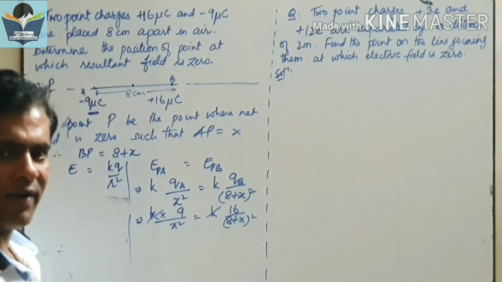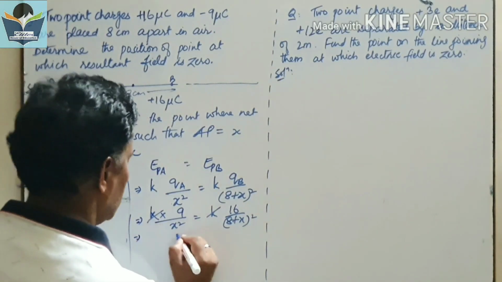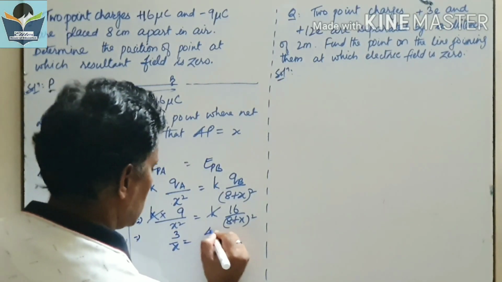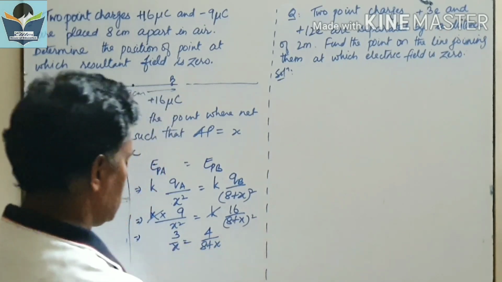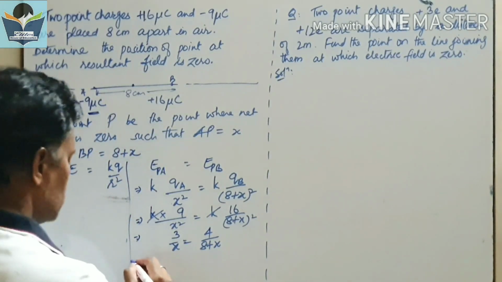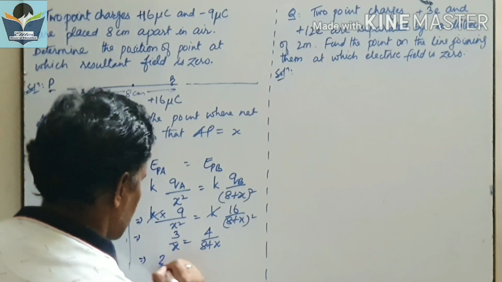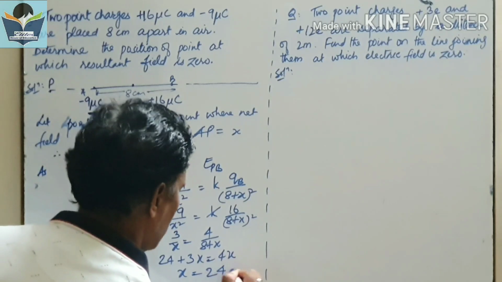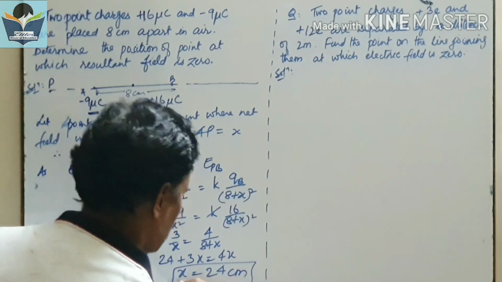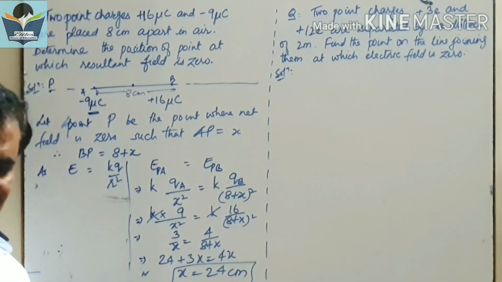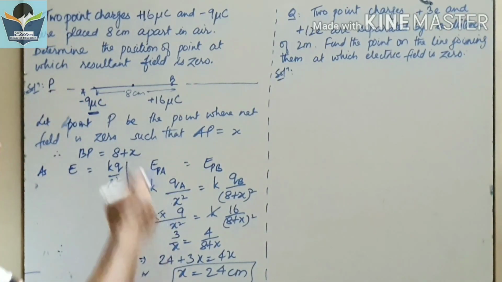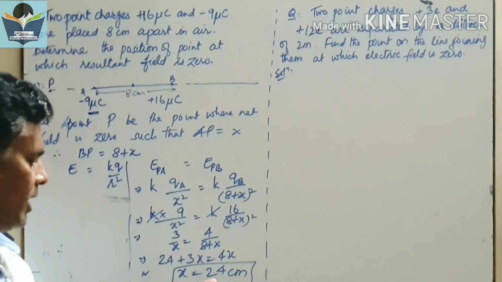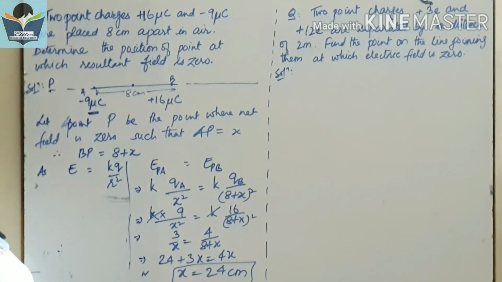Both the sides are perfect squares, so solve it. 3 upon X equals 4 upon 8 plus X. We solve it out and we find that this is 24 plus 3X equals 4X, or X equals 24 centimeter. So this is the distance of the point P from the charge minus 9 microcoulomb at which the net field will come out to be 0.